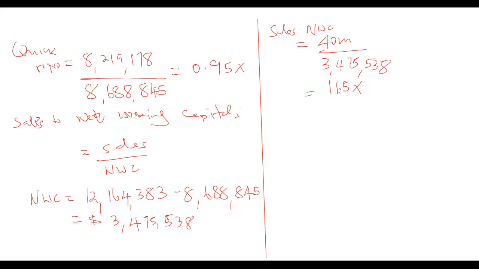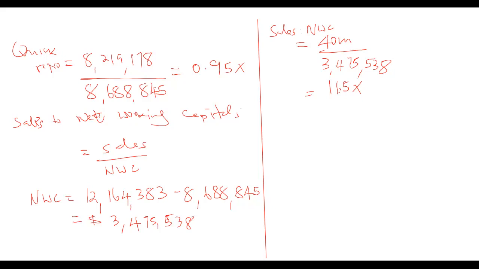Or the other way around, you can say that for every $11.5 of sales the company has to achieve, the company has to invest $1 towards working capital, because it's a net working capital investment.